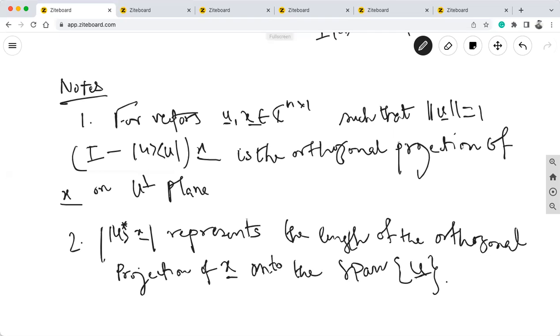These are two simple notes you can keep. Now we'll see the examples at the last of the lecture so that you can easily understand these things.